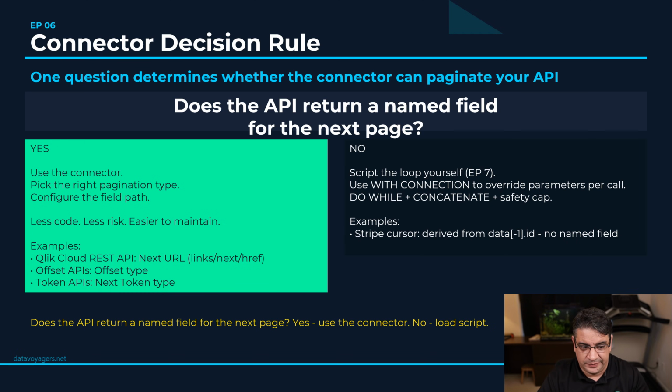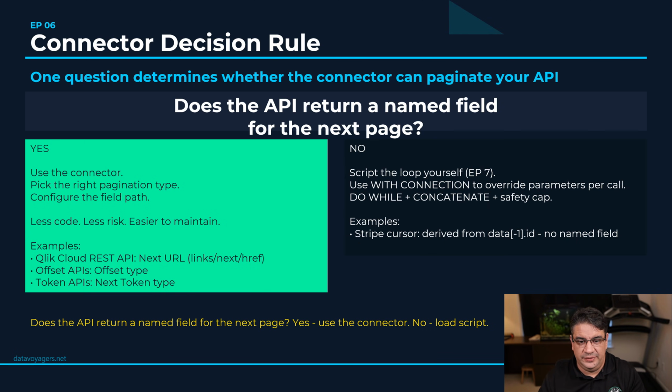Then you have to read the documentation of the REST API and see if your API returns a named field for the next page. So if you have something predictable, like a next set of values, a token you can refer to for the next page, or a next URL.